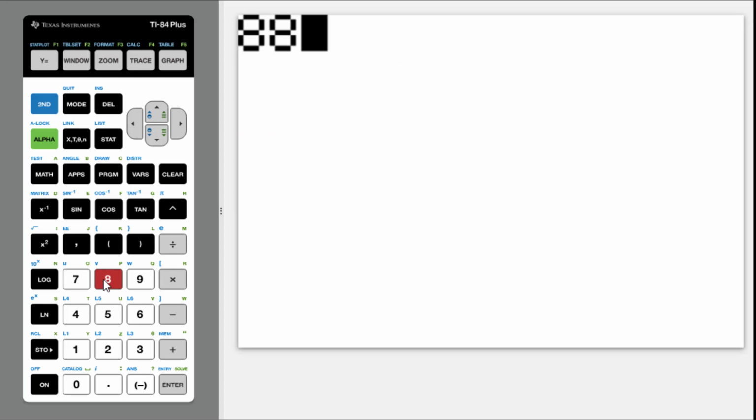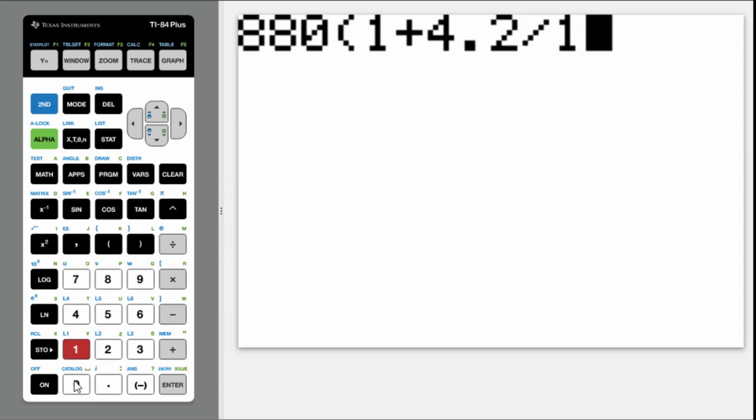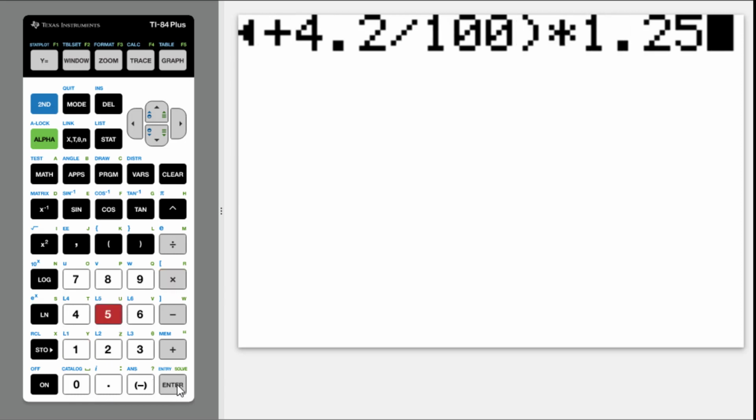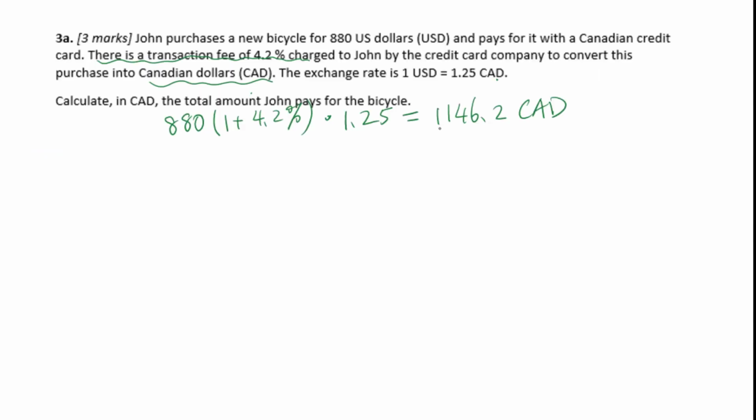That equals 880 times (1 plus 4.2 divided by 100), then times 1.25. The answer will be 1,146.2 Canadian dollars.